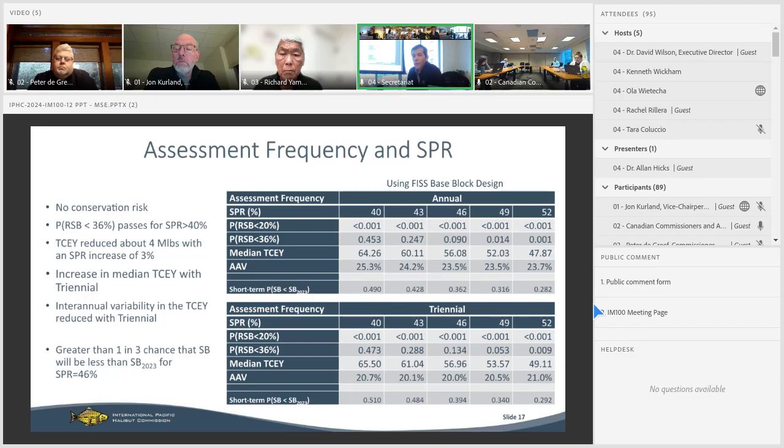So it's going to paint a rosier picture than where we're currently at. But I do note the MSE is not just all optimism. It's showing that in that time frame, the probability that the spawning biomass is less than where it's estimated in 2023 is still a 36% chance in the 4 to 14 year period in the future. So it's saying the stock can decline.